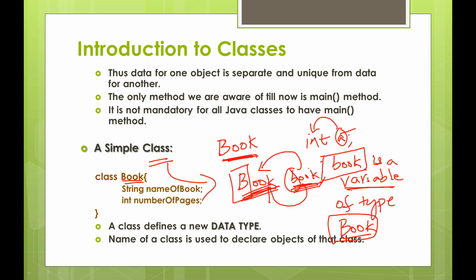Book is a variable of type book. This is the name of the class. So the class name is used to declare objects of that particular class.